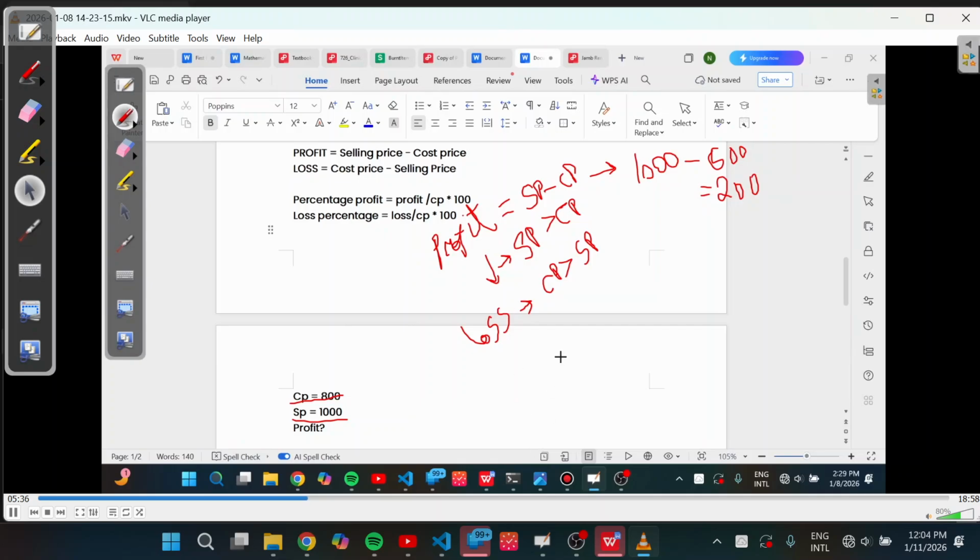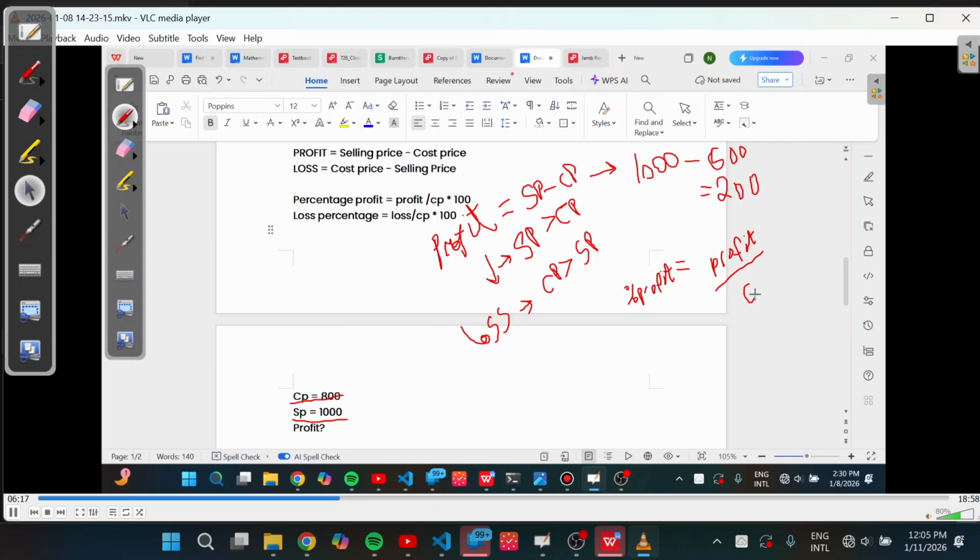Now what about the percentage profit? So percentage profit, we have it to be profit over cost price multiplied by 100. So I hope you see the reason why we had to first calculate the profit instead of jumping straight into the percentage profit. So let's continue. So percentage profit is given to us as profit over cost price multiplied by 100.